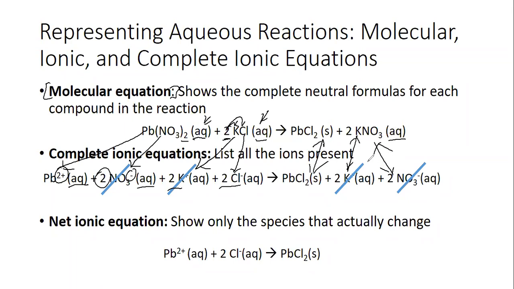The net ionic equation is where you see what ions are the same on both sides. I already highlighted those with a blue line through them. Any ion that is the same on both sides of the equation gets canceled out. They actually don't do any chemistry. They are what's called spectator ions.